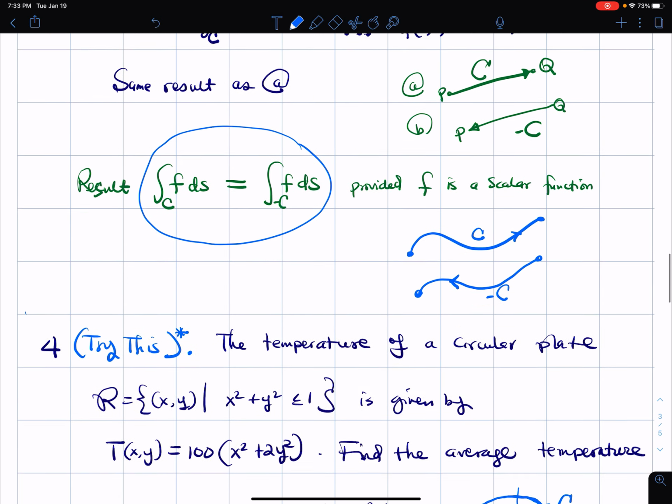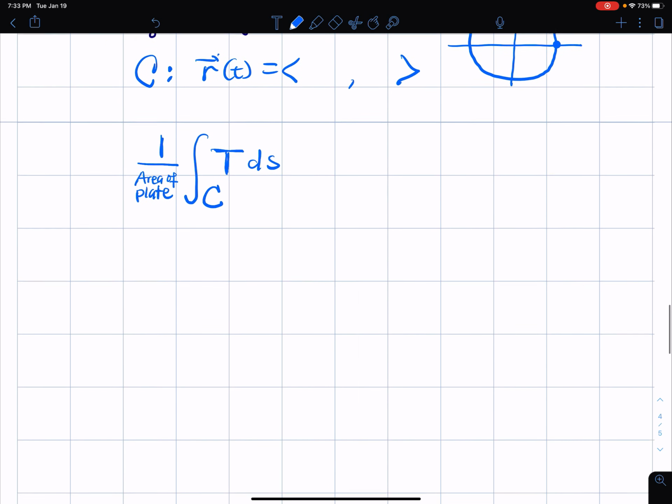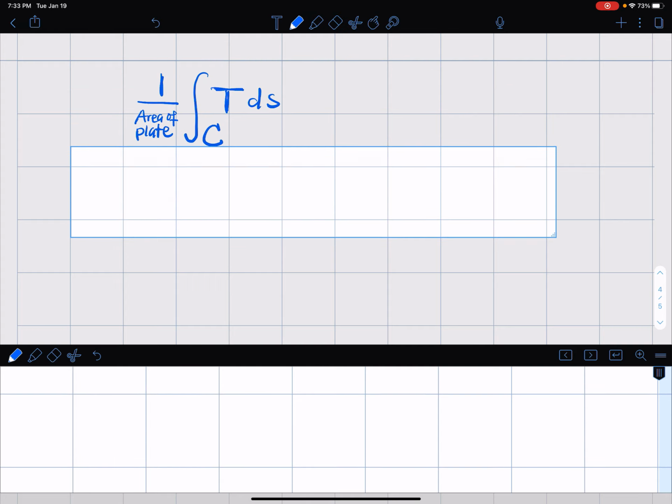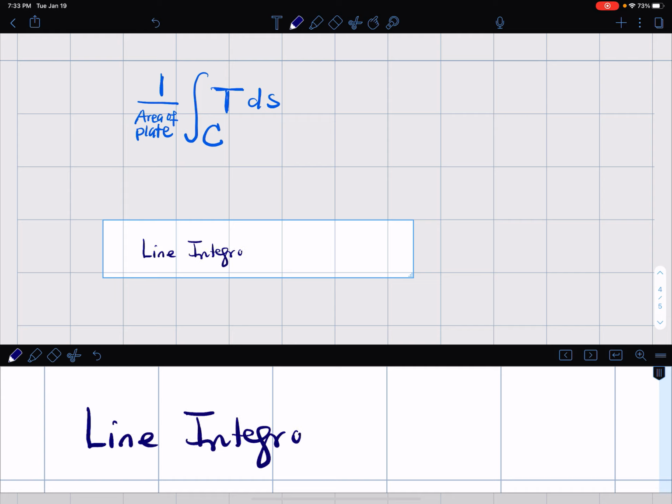Now, how about the line integral of a vector field? Okay. So line integral of a vector field.